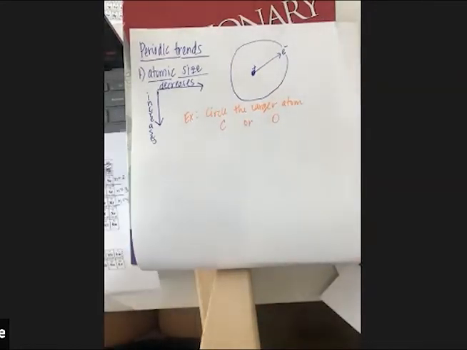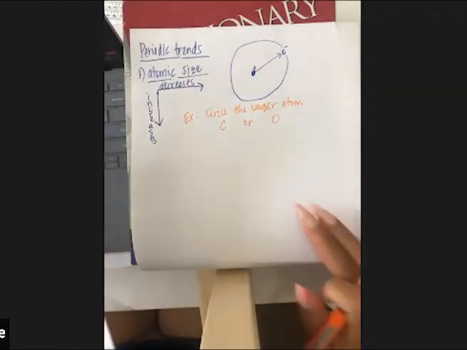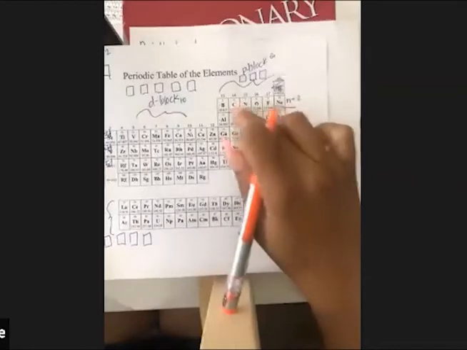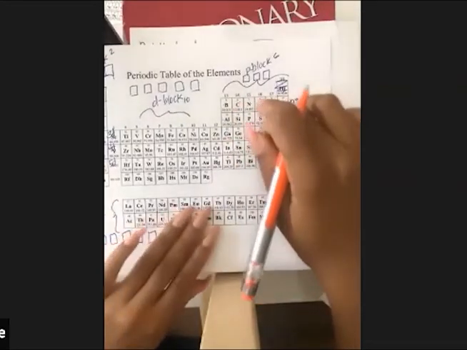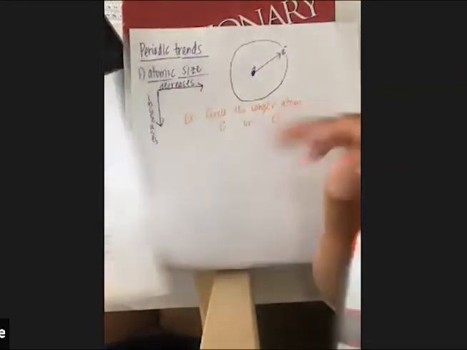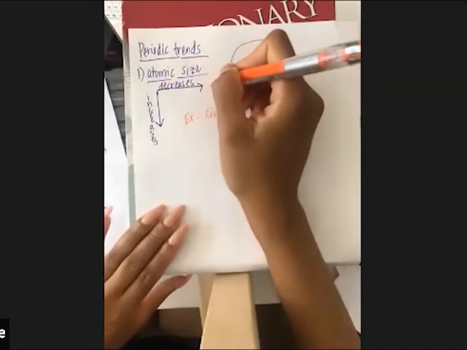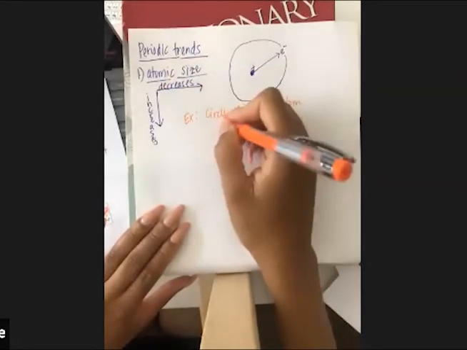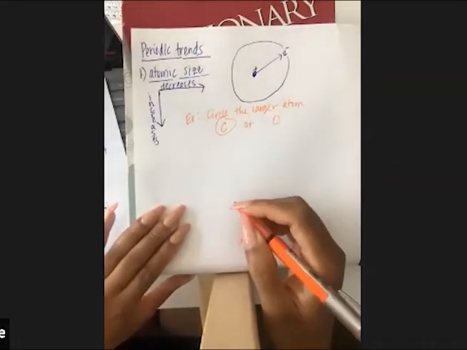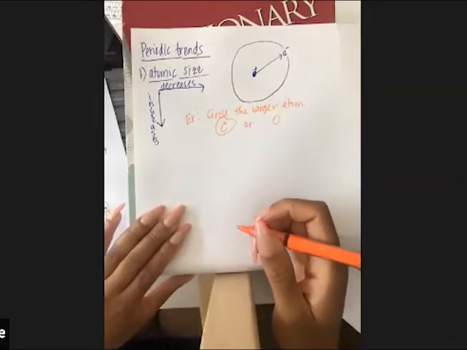We look at carbon and oxygen on the periodic table and figure out which one's going to be bigger. Carbon. Yep, carbon and oxygen are in the same row. Since they're in the same row, as you go across, the atom decreases, so carbon's going to be the larger atom.